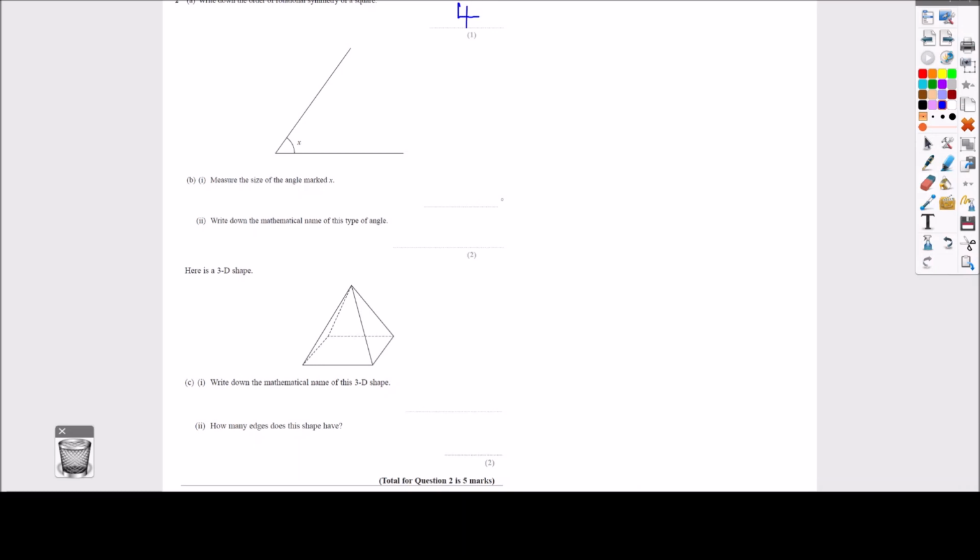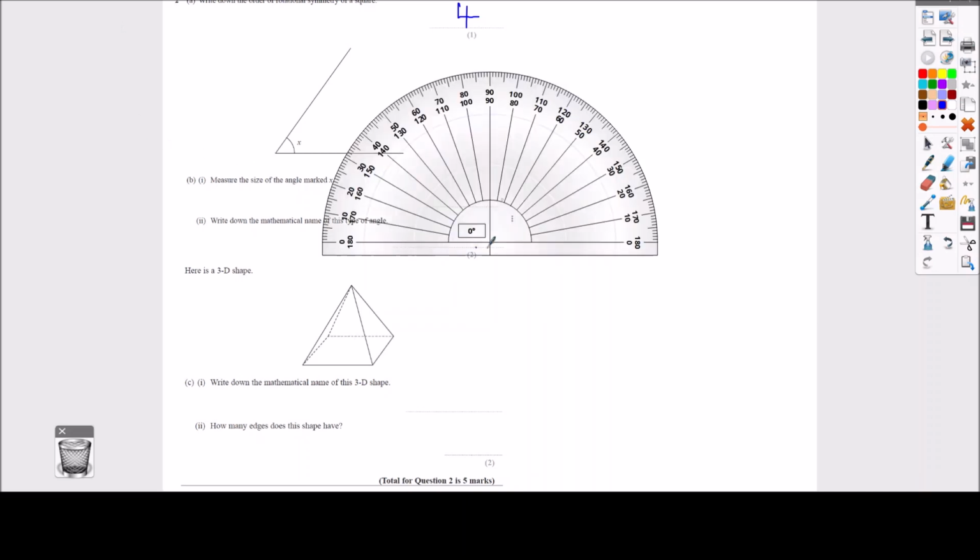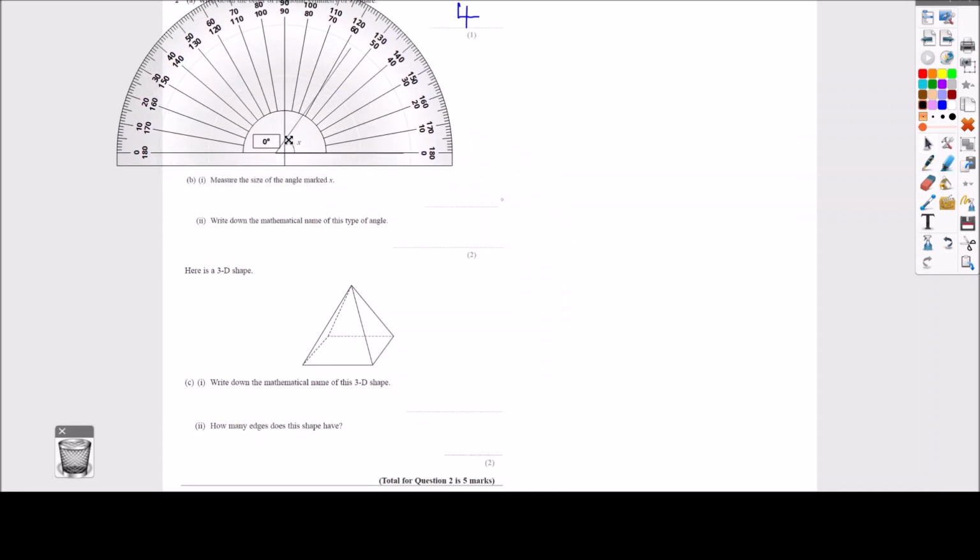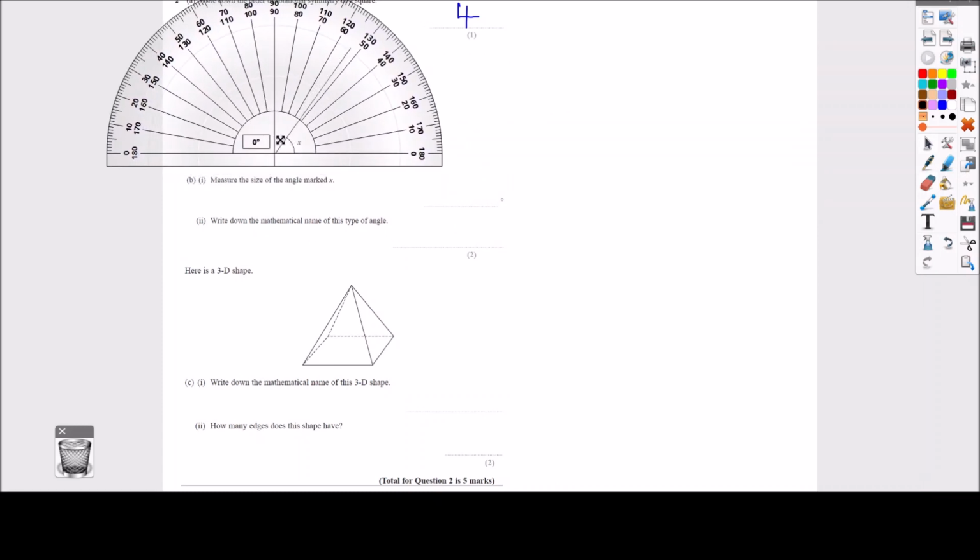Now for part B, measure the size of the angle. Obviously for this we're going to need a protractor. So get your protractor, set it up on where the two lines meet there. Now we're measuring from here, going around here. So we're measuring 0, 10, 20, 30, 40, 50.